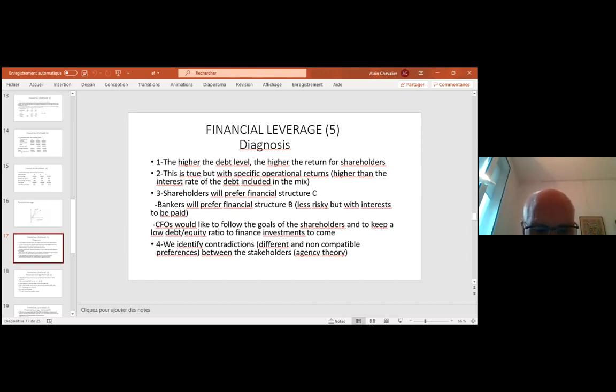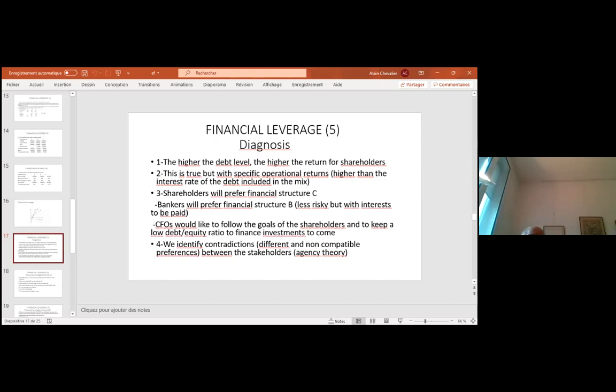So, point 4 here, it means we have identified contradictions. They are different, they are non-compatible preferences between the different stakeholders, and here between the main stakeholders in the financial decision. The shareholders, the bankers, the CFO. And this is another part of finance.